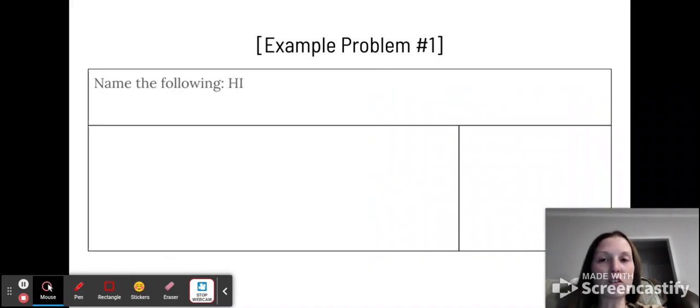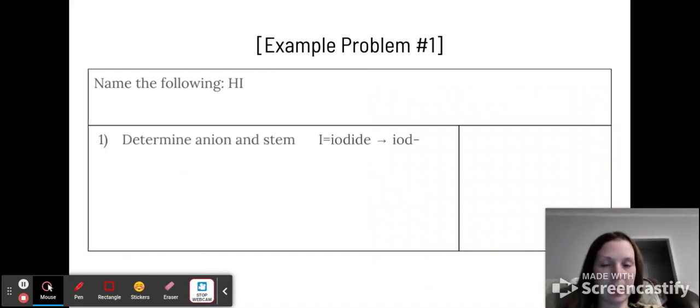Okay, so let's try this one together. HI. So first we have to determine the anion and the stem. So our anion is iodide, and my stem would be iod. We follow the rules like we were just talking about.